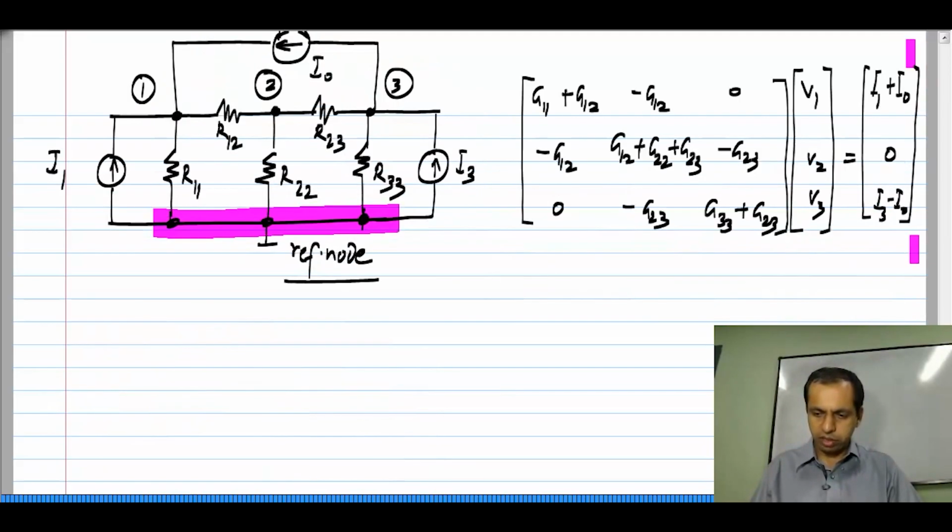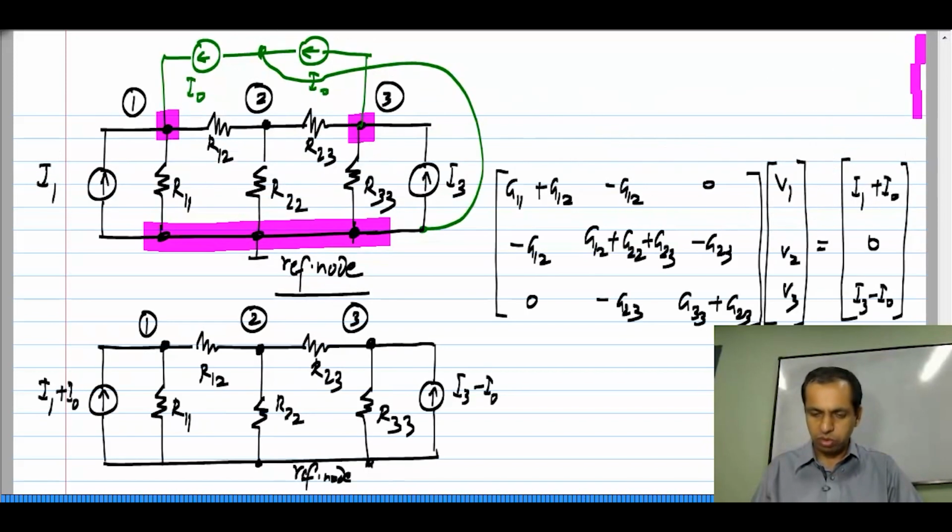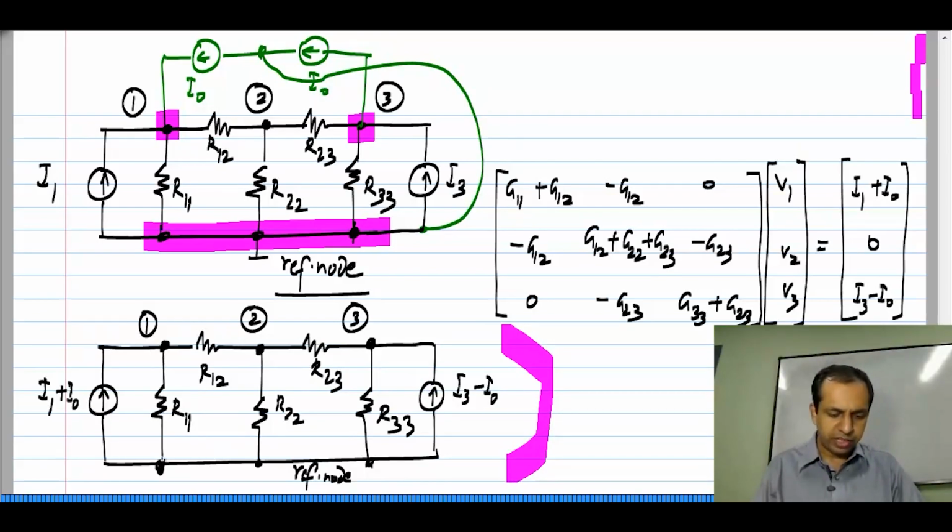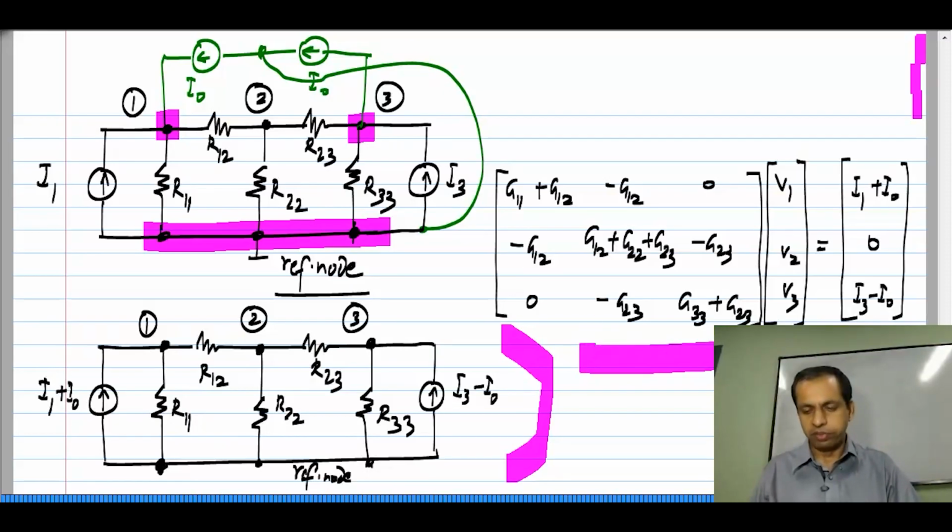If you go back here, you see that it's exactly the same set of equations we have got. So, clearly the solution to this circuit with the split current sources and the split point connected to another node will be exactly the same as for the original circuit, because the equations are the same.